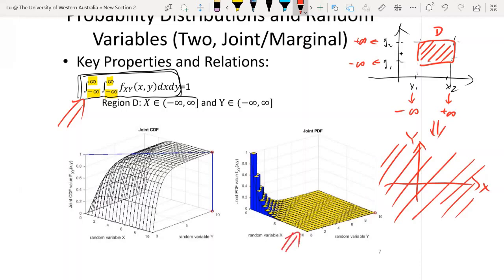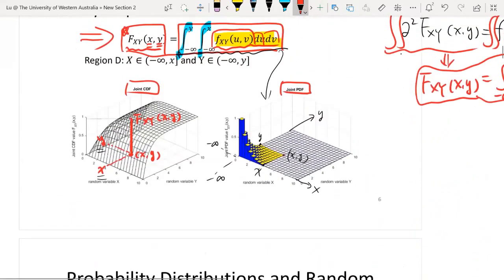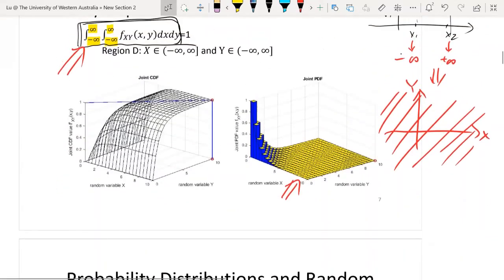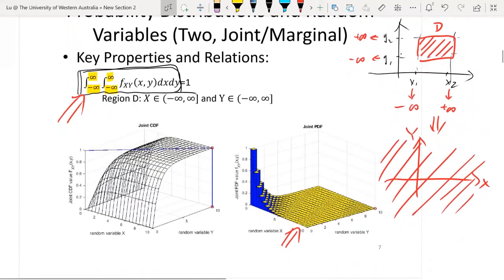Compare this one with the previous one: the small columns cover the full range of the x and y plane here. And in the joint CDF, this probability corresponds to the maximum value 1.